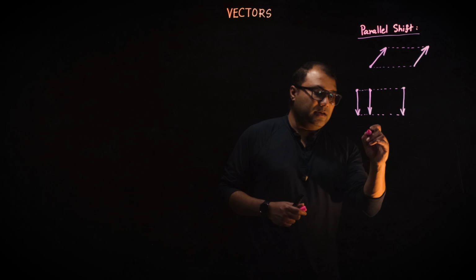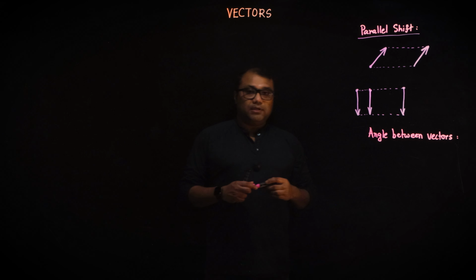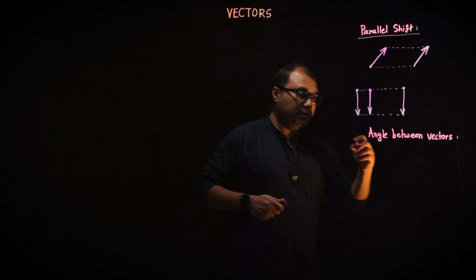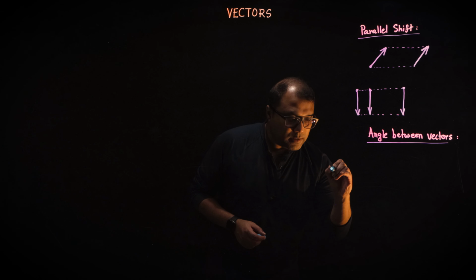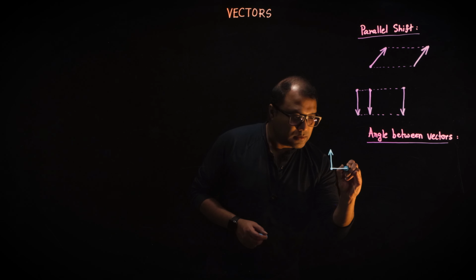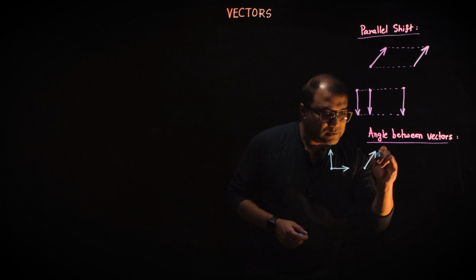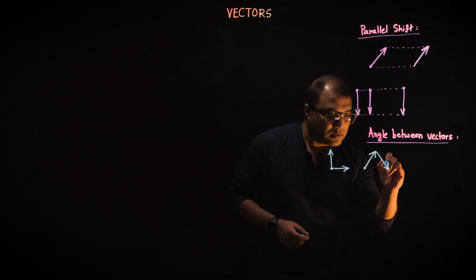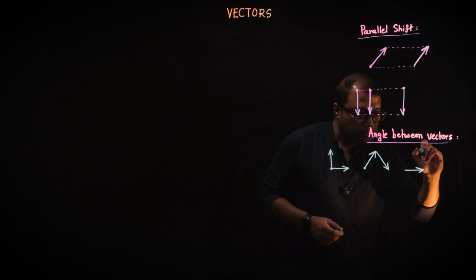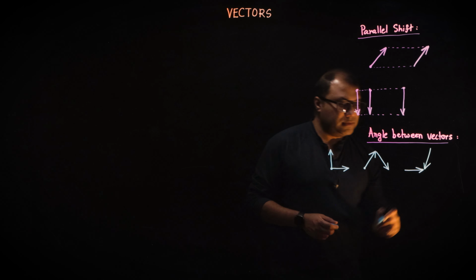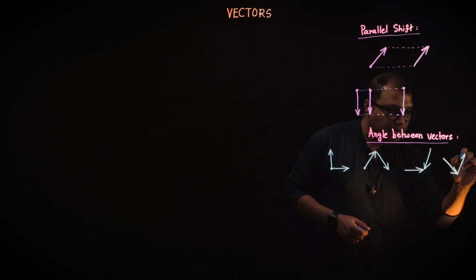Next, let's talk about angle between vectors. Again, this concept is very, very, very important. So pay close attention. Let's say I have two vectors like this, and I have two vectors like this.